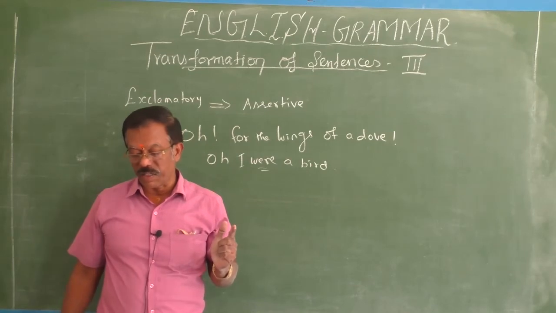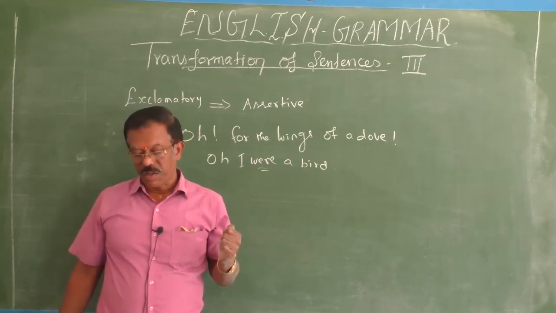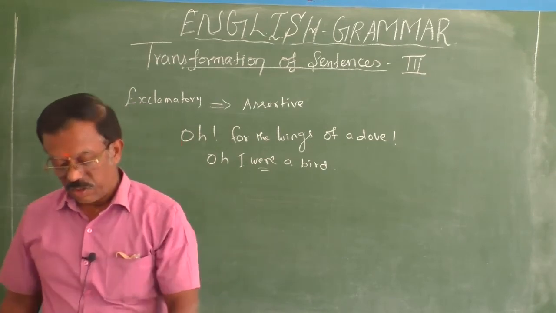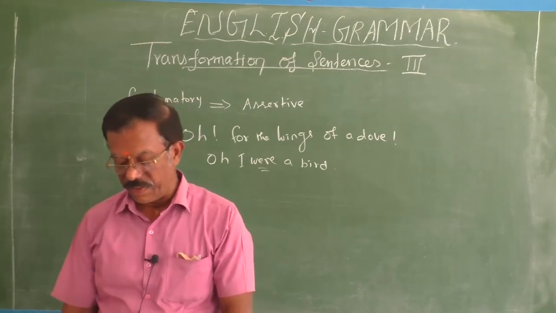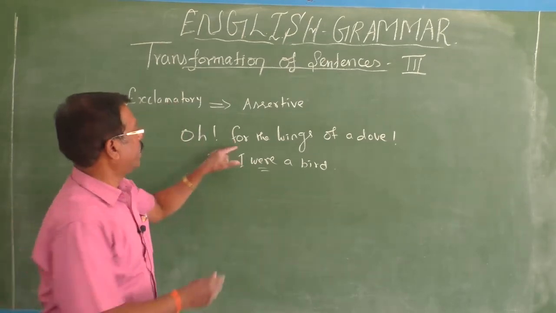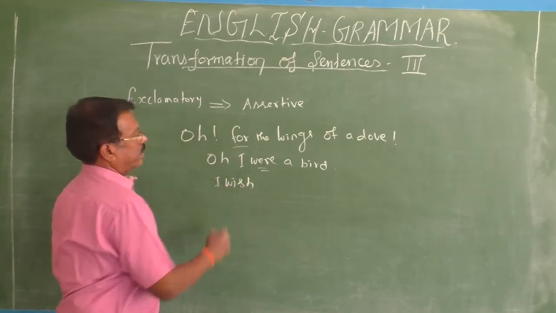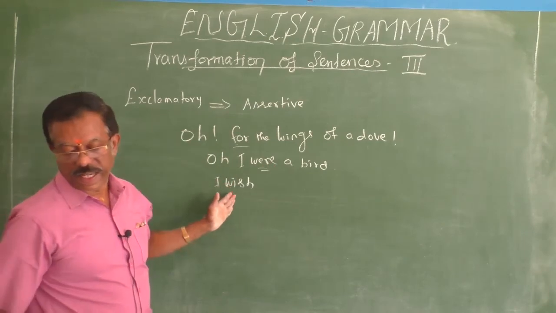What a piece of work man is. Like that, see. Would that I were happy. What a lazy boy he is. You may have such types of sentences and you can change them. See, I wish I had the wings of a dove. Here, how can you change? I wish, yeah, you can change. If I were a bird, I wish I had the wings of a dove.